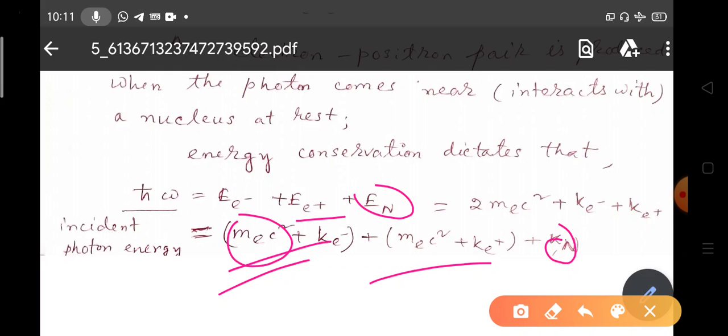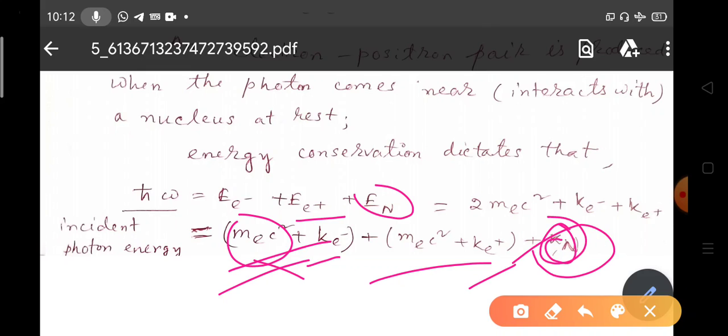The rest mass energy for both electron and positron is the same, because they have the same masses. So m_e c squared for both cases, and the kinetic energy for the electron is K_e minus, and for the positron is K_e plus. If we assume that K_n, the kinetic energy of the nucleus, is very much less, then we can neglect this, and this is a good approximation.